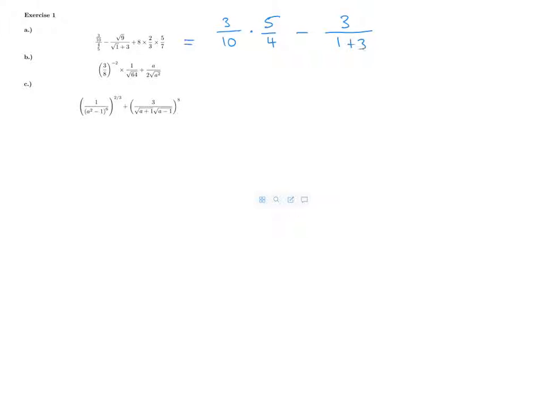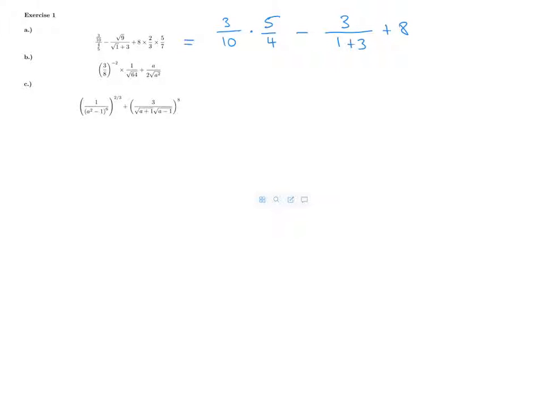So this is equal to 3 divided by 10, and here we have to divide by a ratio, and if we divide by a ratio we have to multiply by the reciprocal, so this would then be 5 divided by 4 minus, and now I come to the next fraction, the square root of 9 is 3, and in the denominator the square root of 1 is 1 plus 3 plus 8 times 2/3 times 5/7.